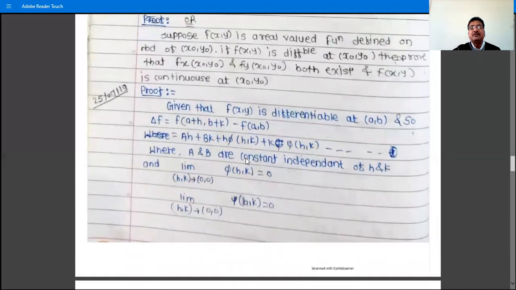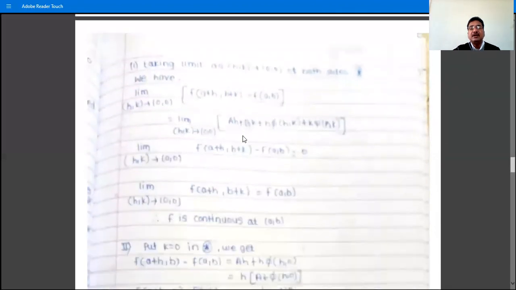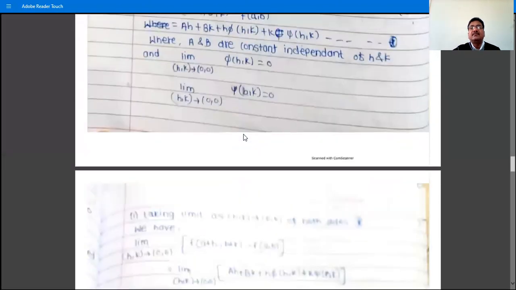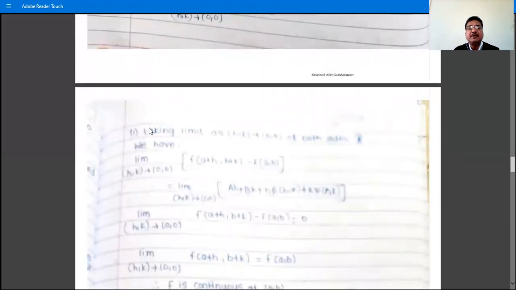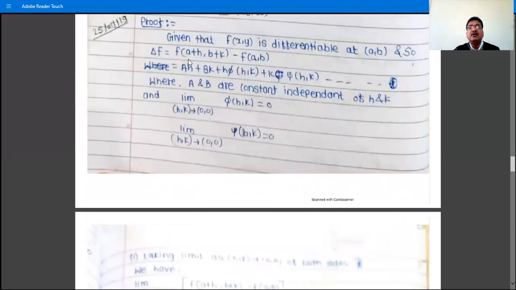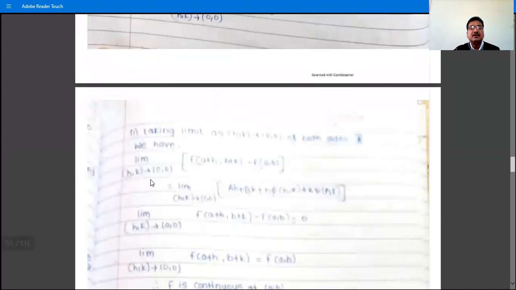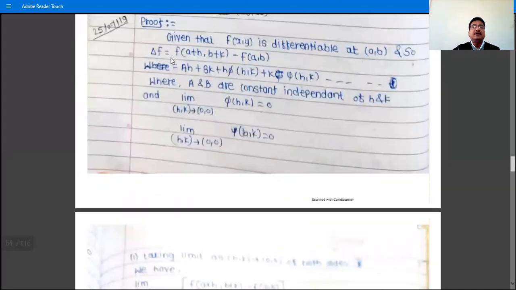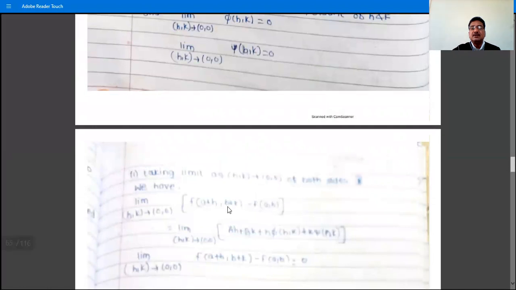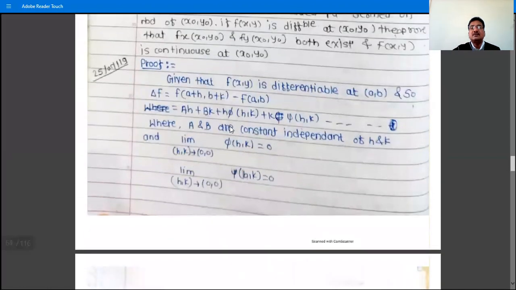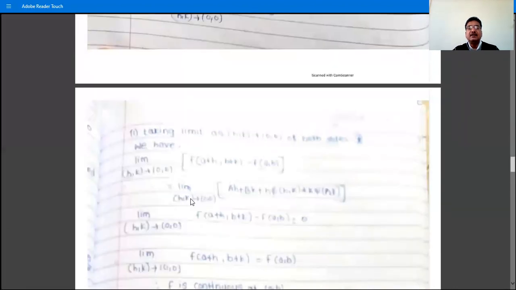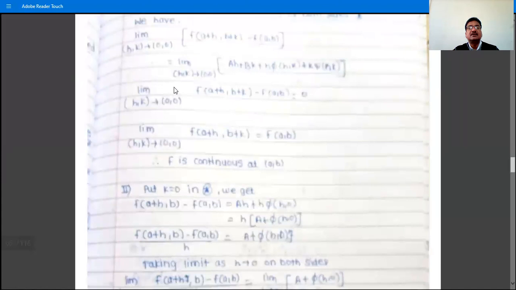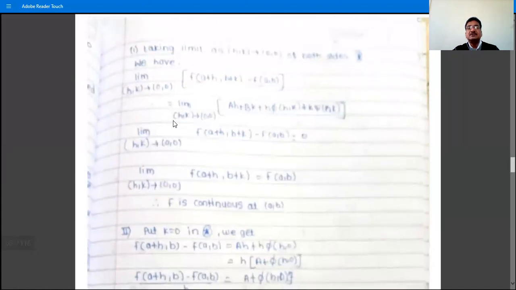Now, number one, we have to show the function f(x,y) is continuous at (a,b). So taking the limit of both sides of this equation as (h,k) tends to (0,0), what do we have? The limit of f(a+h, b+k) minus f(a,b) on the LHS is equal to the limit of the RHS, Ah + Bk + h phi(h,k) + k psi(h,k). For the limit of the RHS, substitute h equal to 0 and k equal to 0.